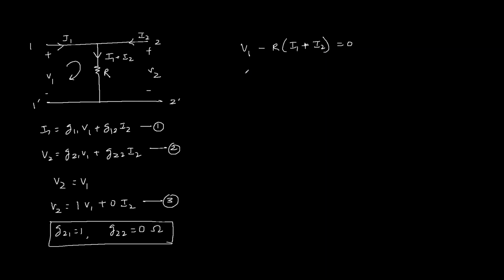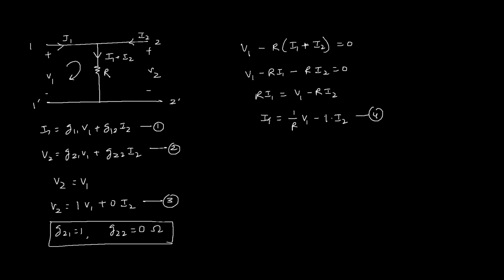So V1 minus R I1 minus R I2 is 0. So R I1 is V1 minus R I2. So I1 is 1 over R V1 minus R over R, which is 1, I2.